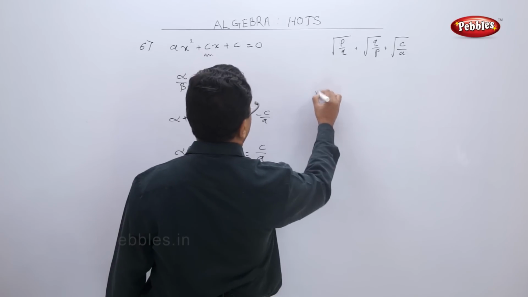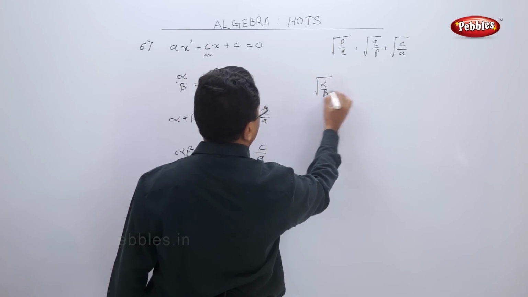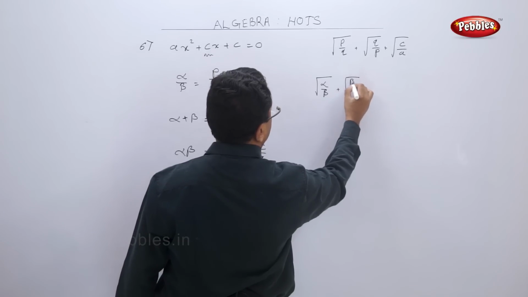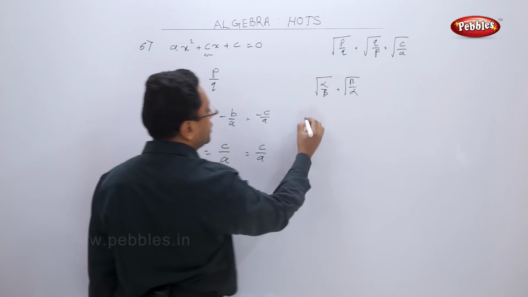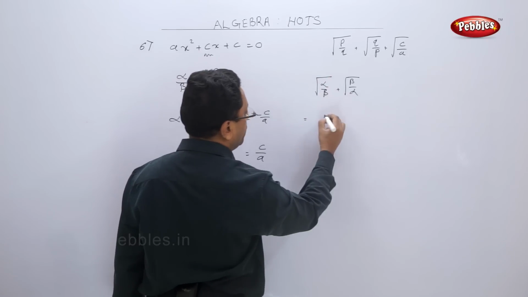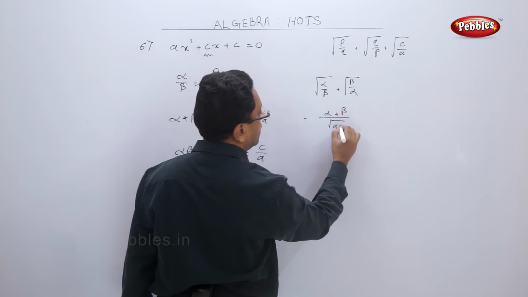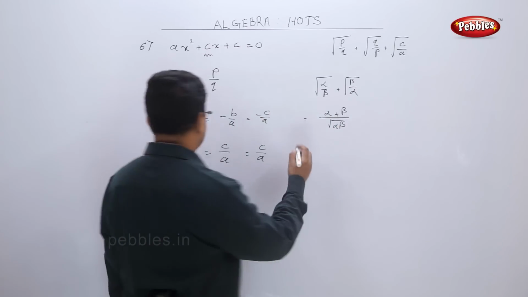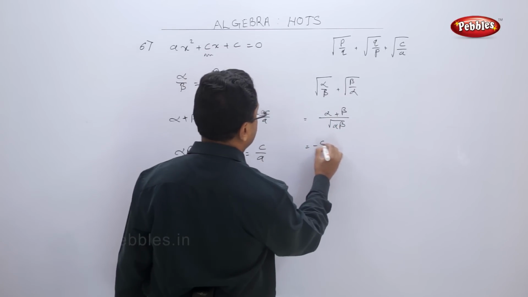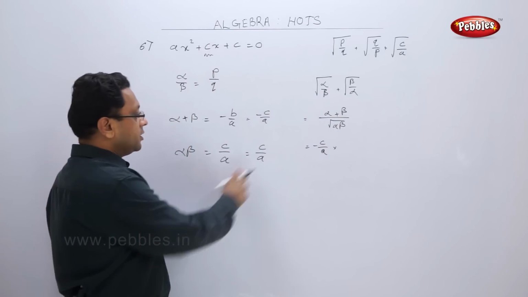It is under root alpha upon beta plus under root beta upon alpha. So we can do cross multiplication. So what we have? Alpha plus beta upon root alpha beta. Right? What is alpha plus beta? Alpha plus beta we have minus c upon a, into what is alpha beta, c upon a.